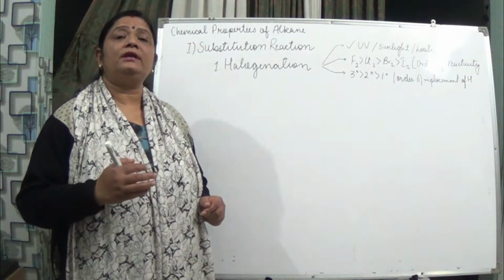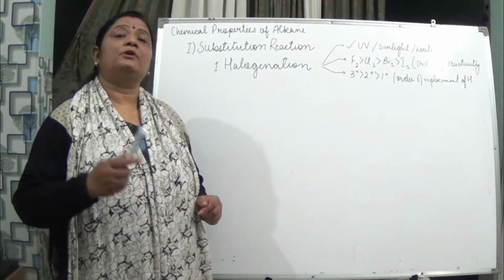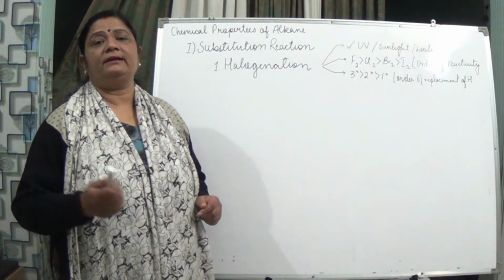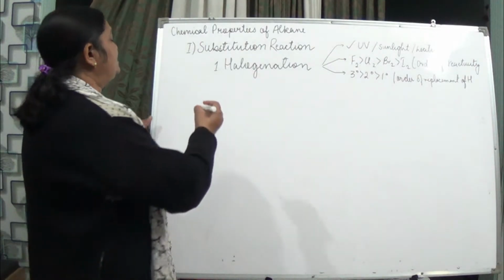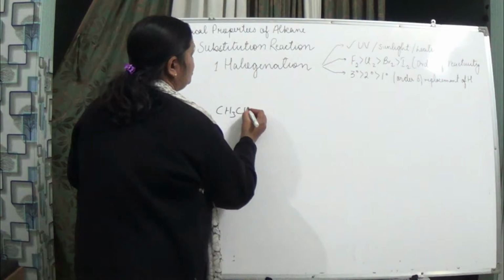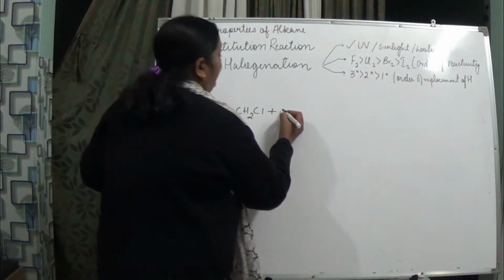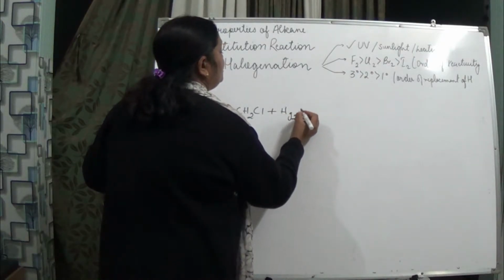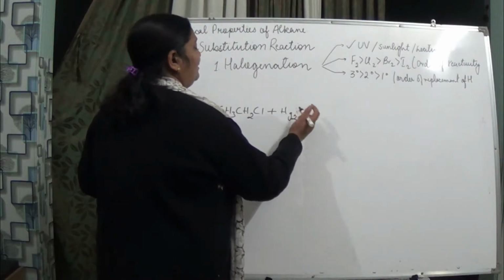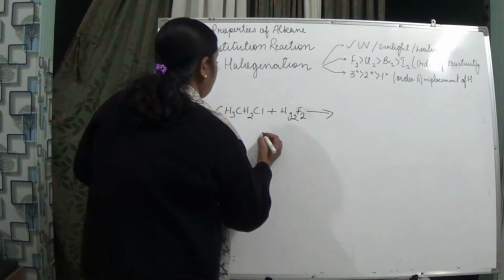And fluorination reaction is also carried out by using what? Some chlorides, methyl chlorides, ethyl chlorides, and we can get that. Like if we are taking CH3CH2Cl, plus we are adding Hg2F2, so we will be getting what?